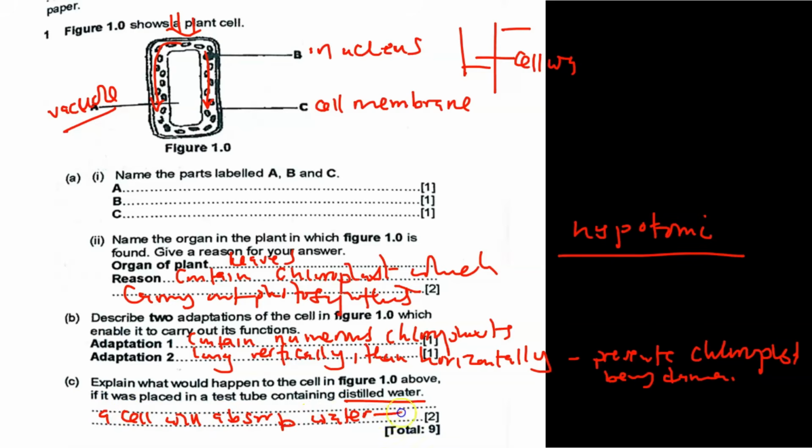And of course, the plant cell does not undergo lysis, instead it becomes turgid. So the cell will absorb water and become turgid. You also need to know the importance of cell turgidity. The water will move into the cell, that is another explanation you can give. I hope that part is clear.